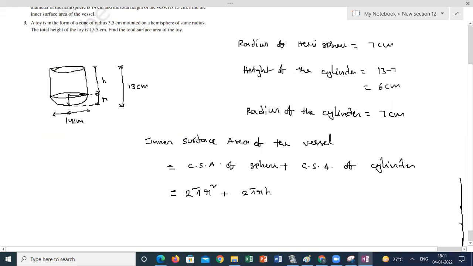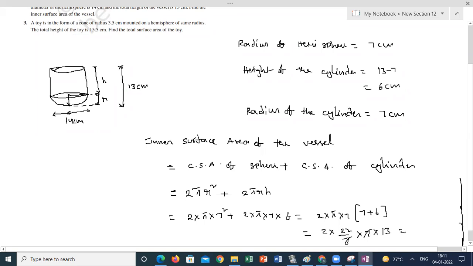2 pi r h. So 2 into pi into r square, which is 7 square, plus 2 into pi into r, where r is 7 and h is 6. Taking 2 into pi into 7 common, I will get 7 plus 6. My final answer is 2 into 22 by 7 into 7 into 7 plus 6, which is 13.